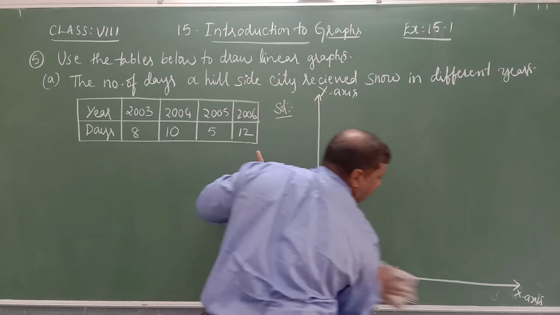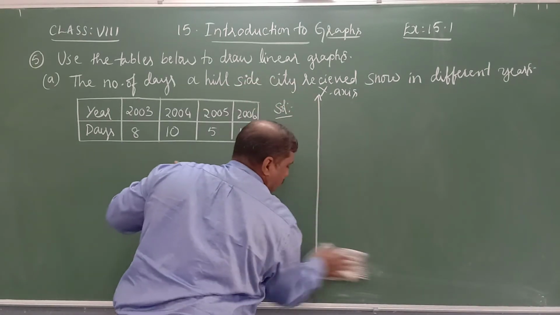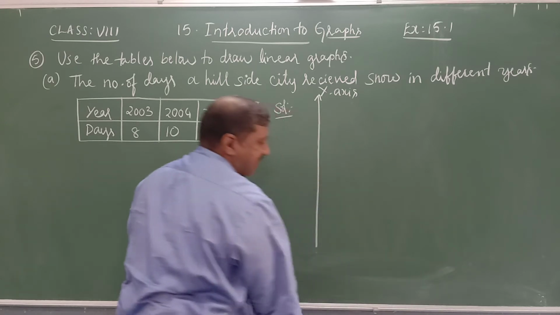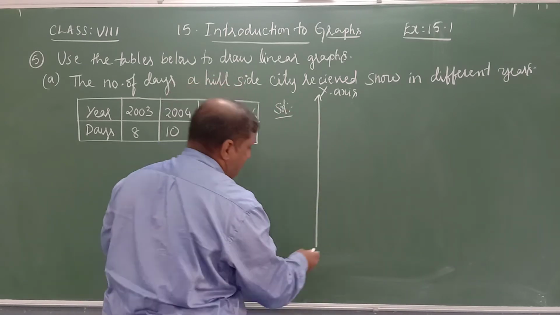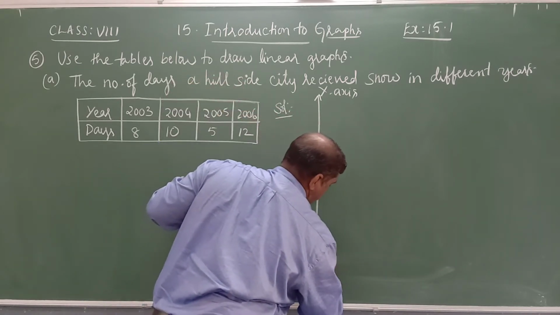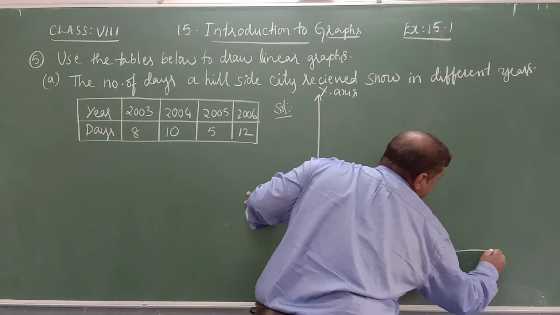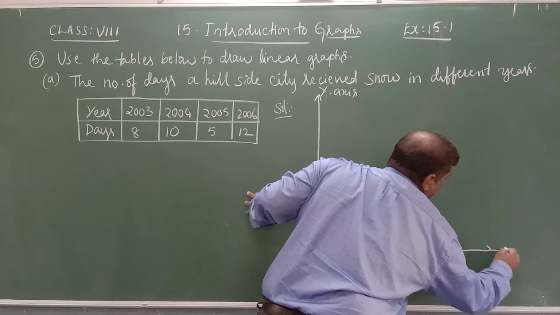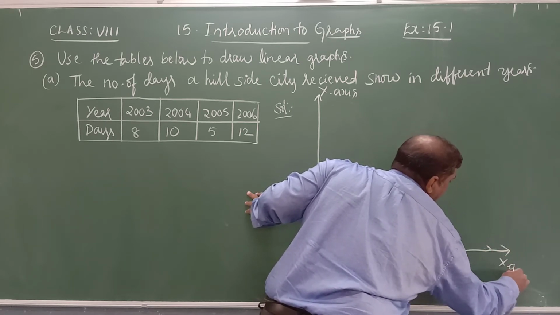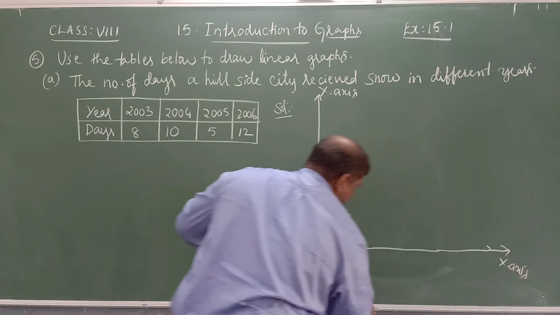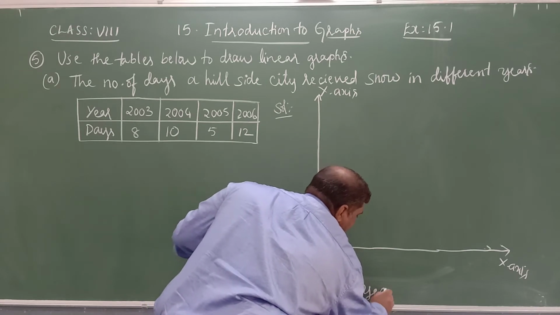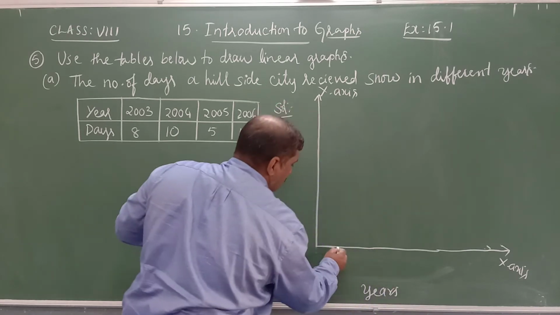Take it a little up so that we can write these numbers easily. So this is the x-axis and here we will take years.